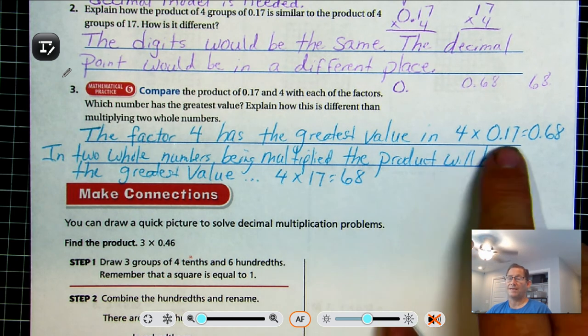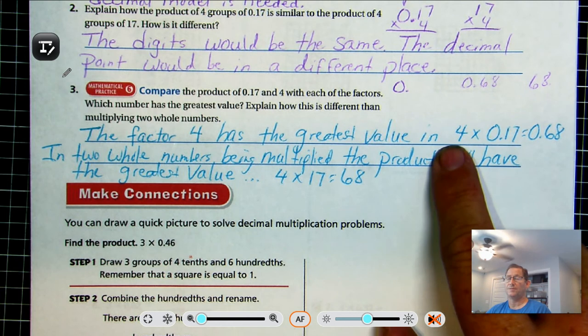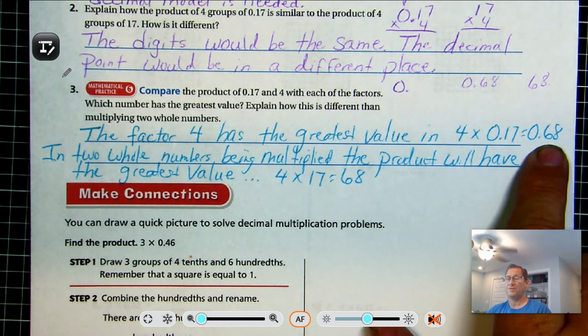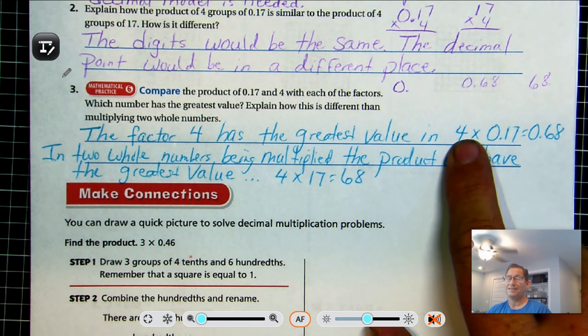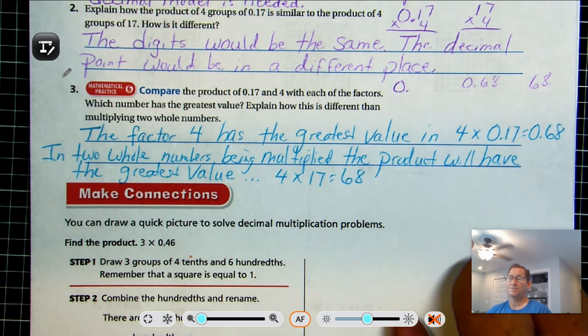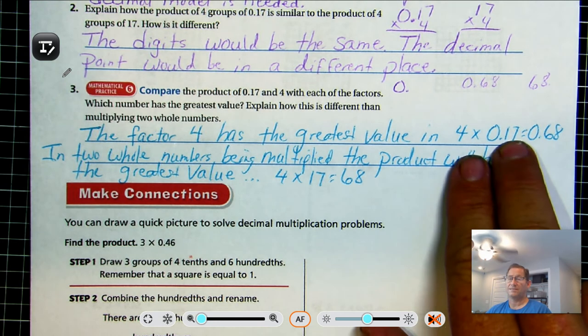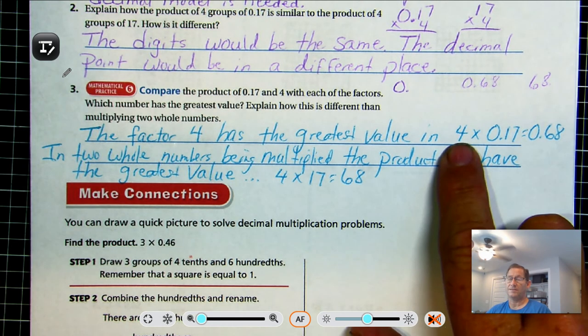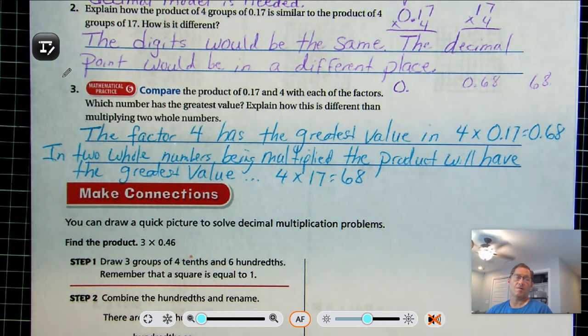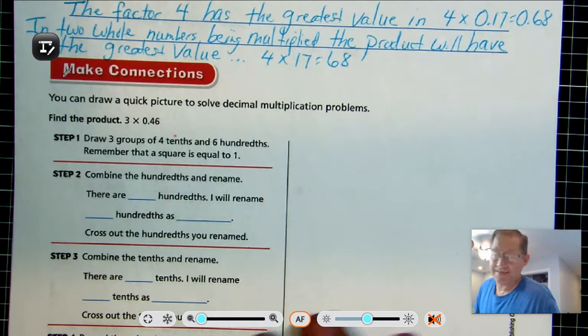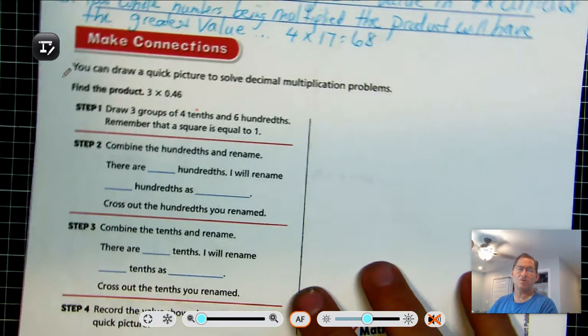Here, when we multiply a decimal by a whole number, we get an answer that's in the hundredths as well, and 68 hundredths is less than one of the factors. So our value actually got smaller than the whole number. Our product got smaller.